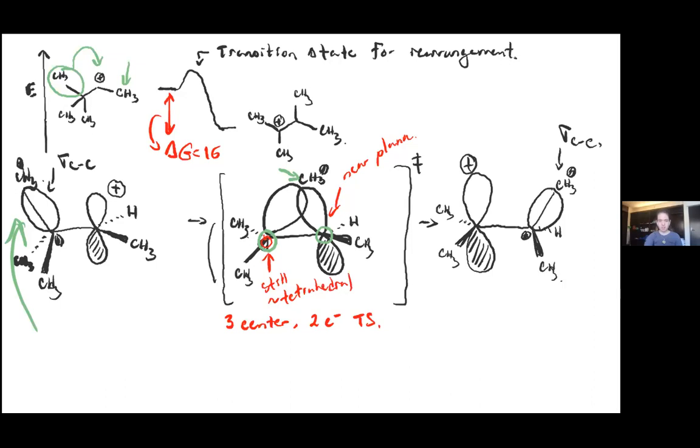Thank you. I just wanted to clarify something you said during lecture about H migration. You mentioned that H migration is usually preferred because, first, in the example we went over, it forms a tertiary carbocation. I just wanted to clarify the second reasoning. You said it's because of the shape of hydrogen's orbital. Yeah, so let me just draw it out.